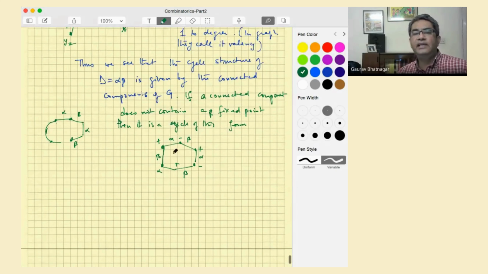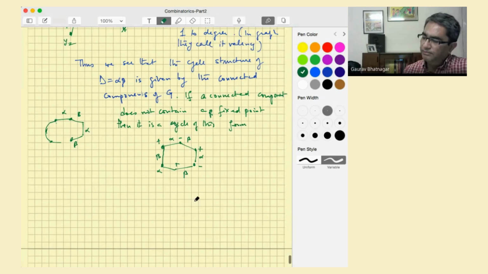So the point is that pluses and minuses and alphas and betas are of this form. It could be that alpha starts at plus or it starts at minus, doesn't matter, but something of the other, it looks like this.